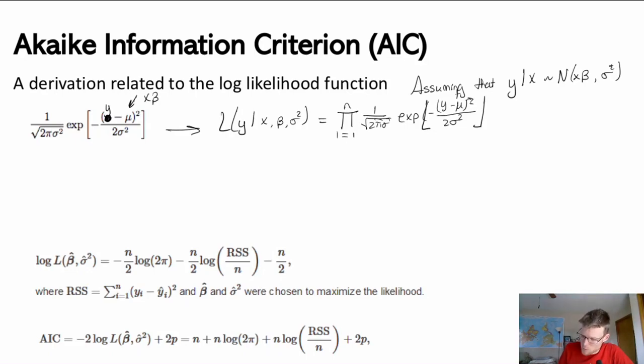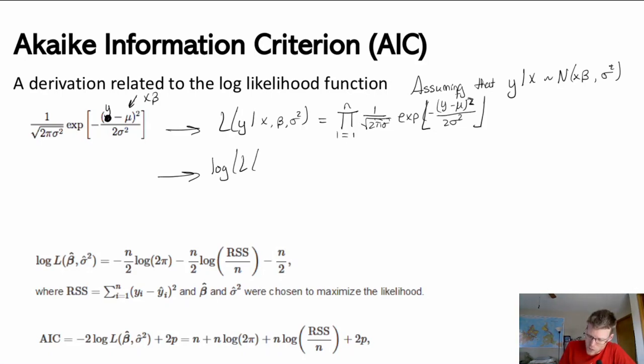Now, you might remember, and if you took Stat 400, hopefully you've learned this before, this is a difficult equation to work with, which is why we often take what's called the log likelihood function. The log likelihood function is just going to be the log of this equation.